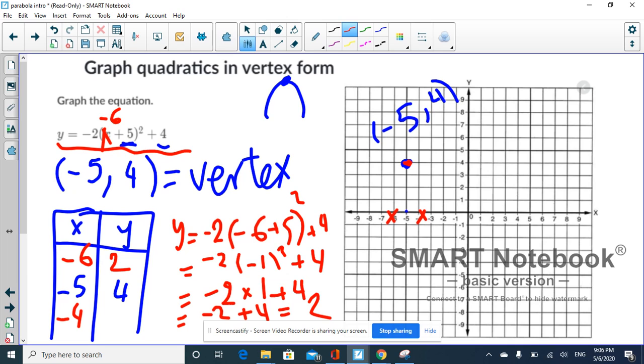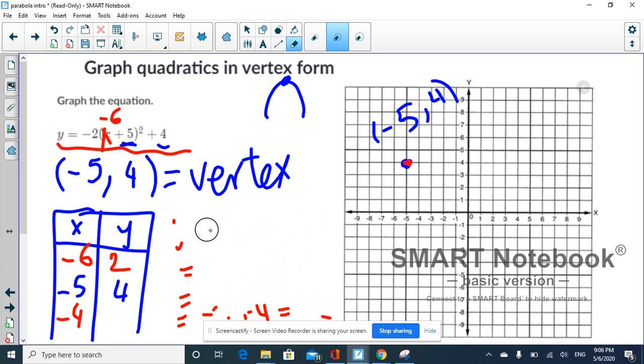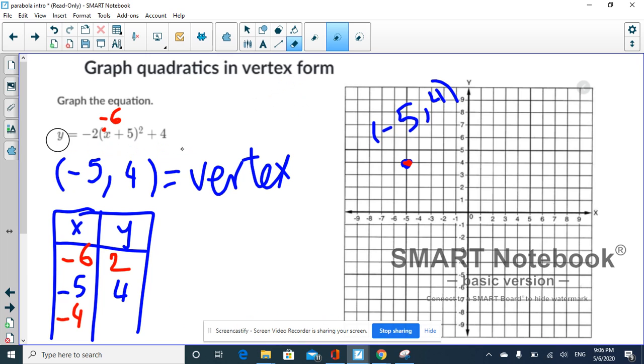Okay, give me 1 minute. I will erase this too. Okay, we'll just need this. Now when we plug in x equals -6, y equals 2. Let's plug in x equals -4, the other point.